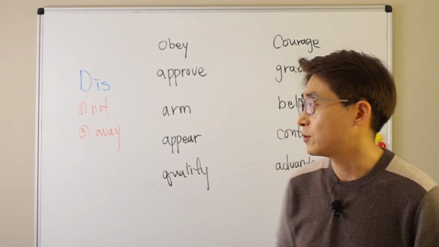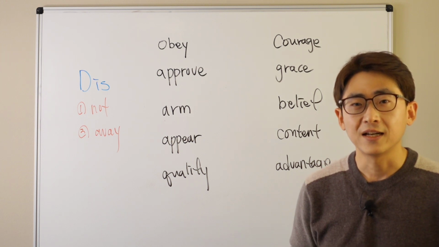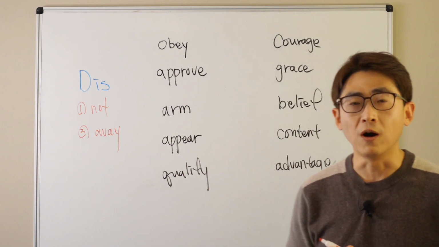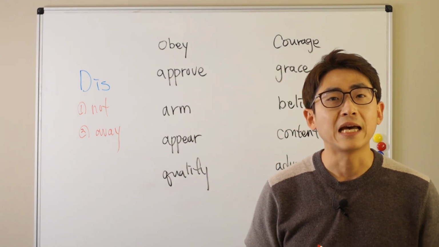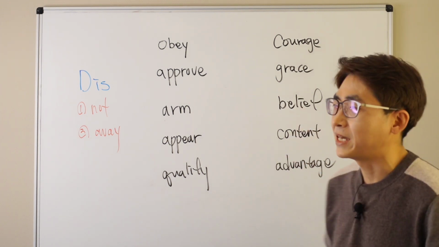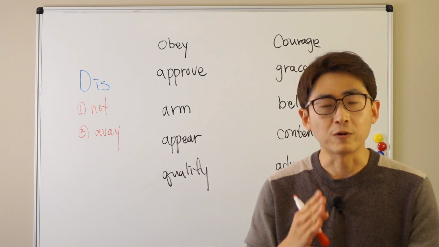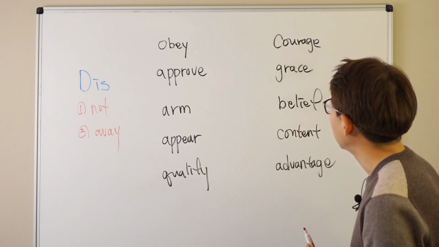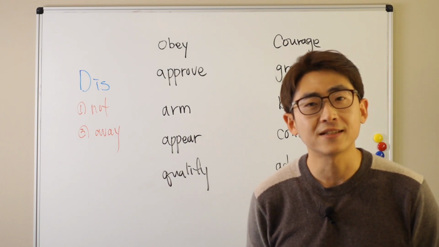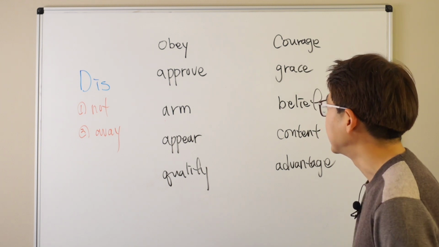So it was the opposite of encourage, and discouraging news can make your heart break. And grace was honor, and it meant elegance, and disgrace meant to make honor look bad. So to taint someone's name, to make someone's name bad.